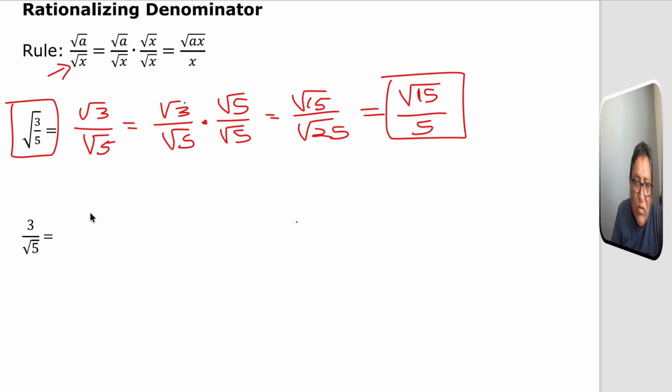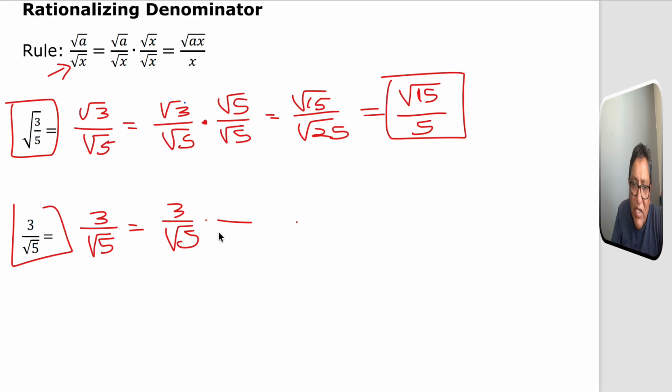Another example. So we have 3 over square root of 5. According to the rule, this will be equal to 3 over the square root of 5 times, again, we have to multiply by a square root of 5, the numerator and denominator.